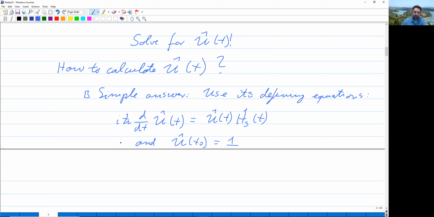But there is also a deeper answer, and I will at the moment only indicate what's up, but later in the course, then we will get to it in more detail.